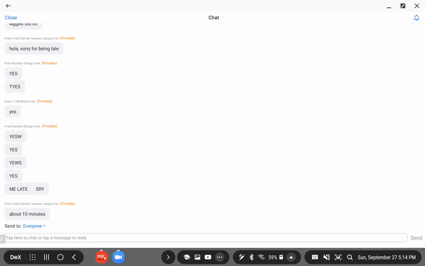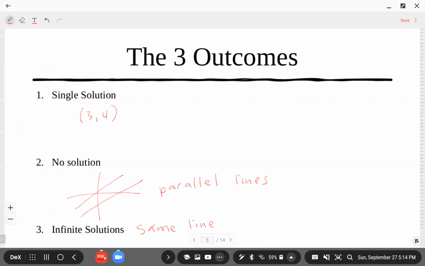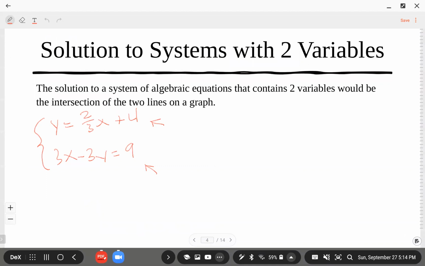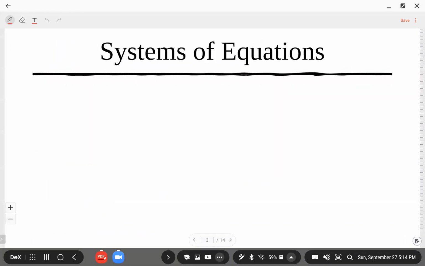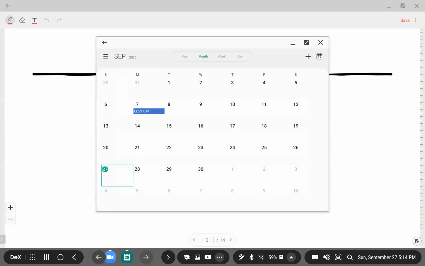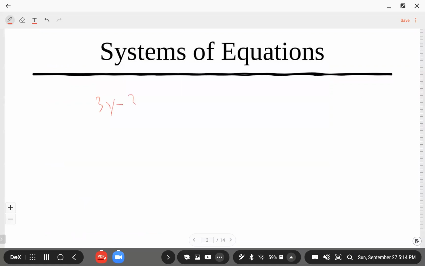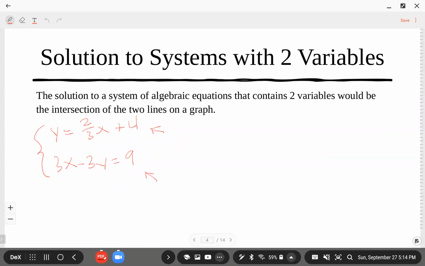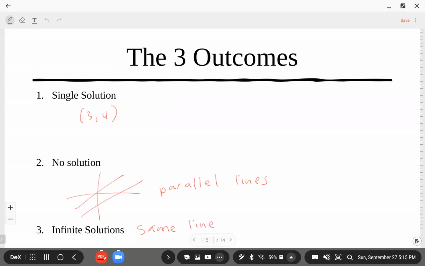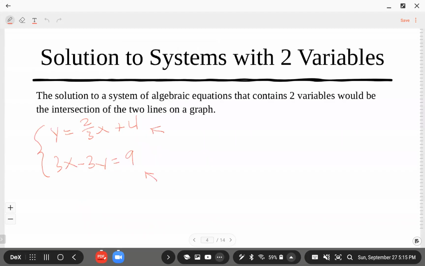About 4 minutes ago, we were going over systems. Today we're going to be doing systems of algebraic equations. Systems are just groups of algebraic equations like 3y minus 3 equals 9, 3x equals 9, and then x plus y equals 12, something like that. So this is a system, and we are going over the outcomes of the systems.